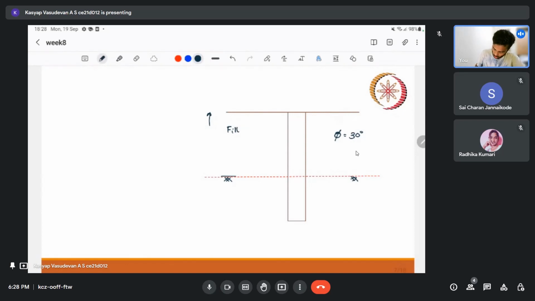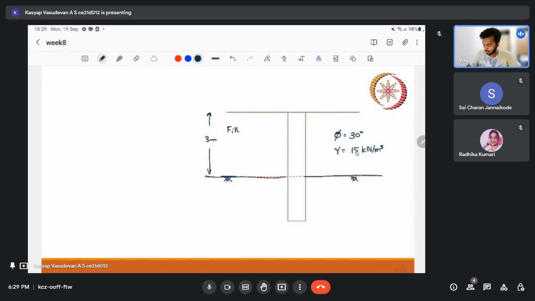So this was the old ground level. We filled it with soil of very low density, that is 15 kilonewton per meter cube, and we drive a pile through it, and this is 3 meter thick.